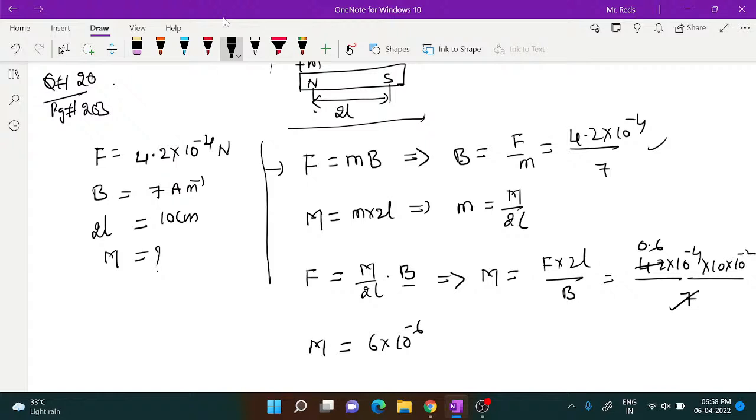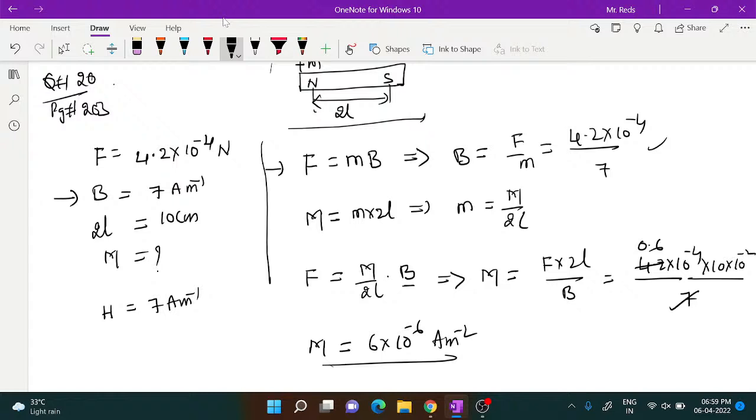The unit of magnetic moment will be ampere meter square. But here it is clearly given as B, magnetic field. If it is magnetic field intensity, we have to use H, H is equal to 7 ampere per meter. I think they have taken this as magnetic field intensity, not as the field.